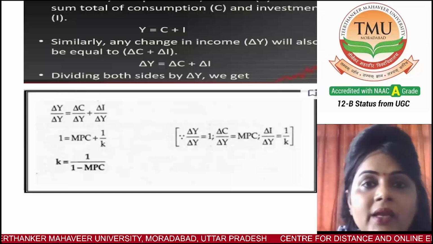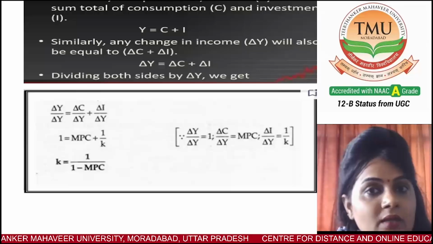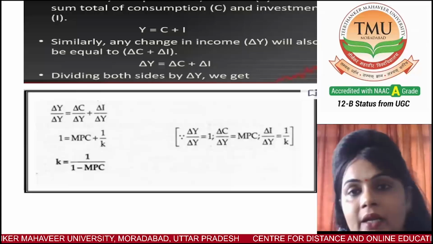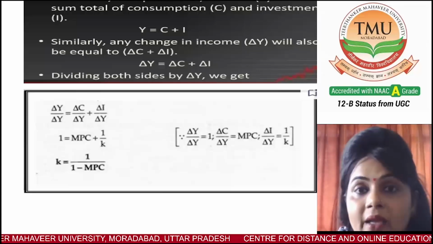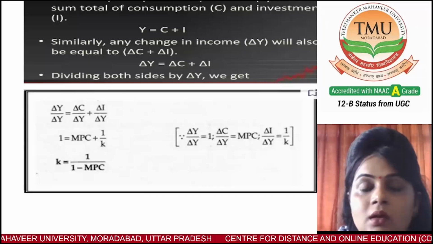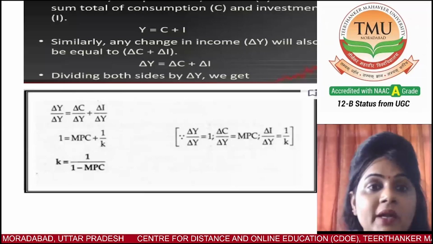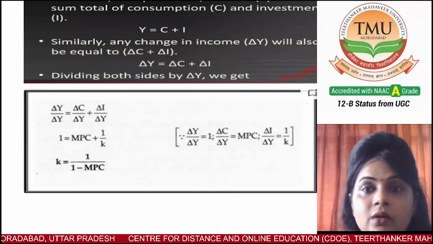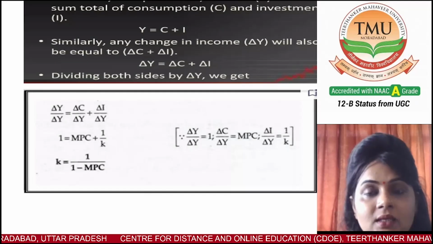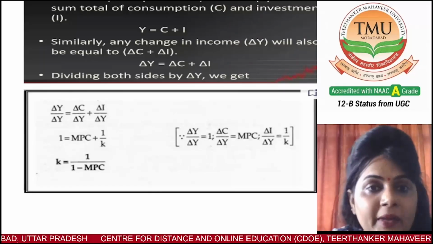So delta Y upon delta I is equal to K, delta C upon delta Y is equal to MPC, and delta I upon delta Y is equal to 1 upon K. So we can say multiplier is directly related to MPC and inversely related to MPS.